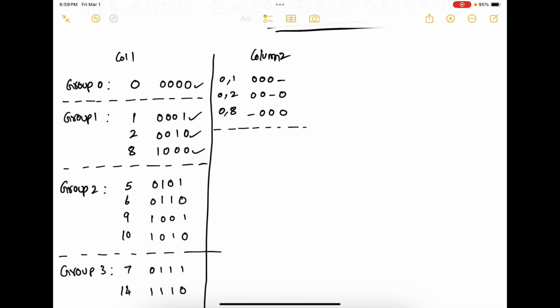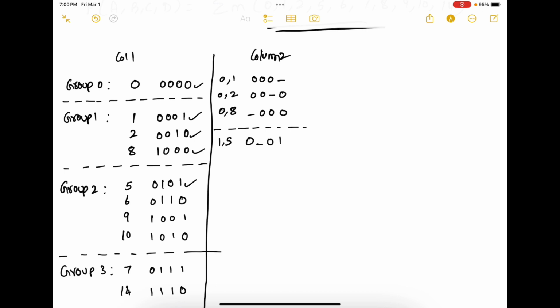Now, the next thing is we need to compare group 1 with group 2. Can you combine 1 and 5? You can combine 1 and 5 because only one bit is changing. So I'm going to write 1, 5: 0, dash, 0, 1. If you look at 1 and 5, from the MSB, the second bit is changing. That's why we have a dash in that place.